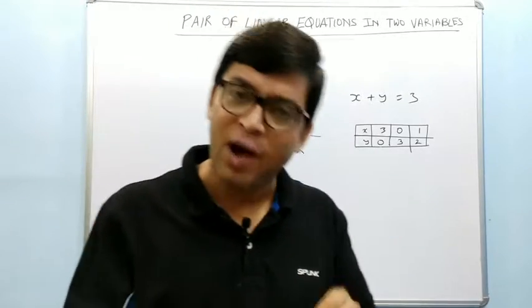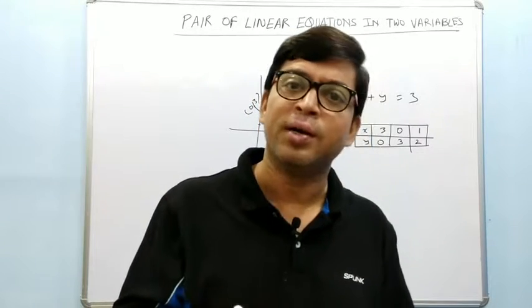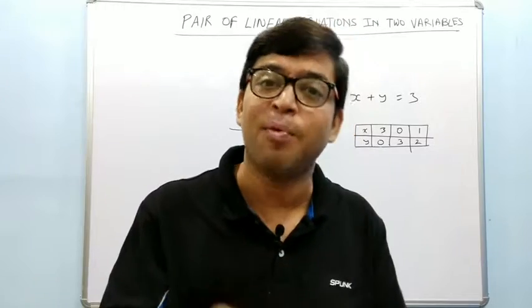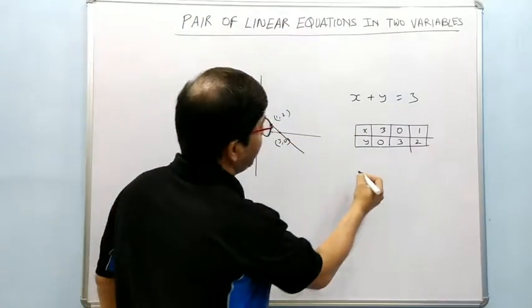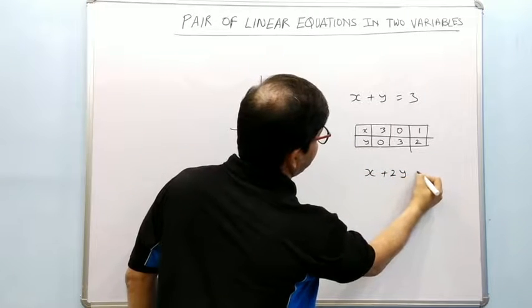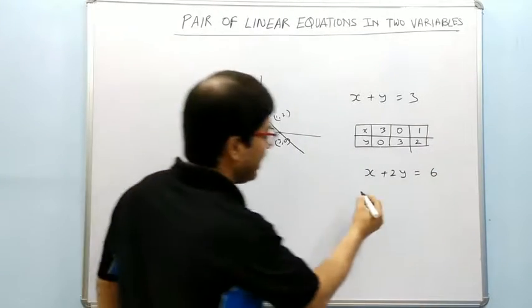We will be just finding the solution of two straight lines or two linear equations with the help of graph. Suppose this is one line and another line we write x plus 2y equal to 6. Just we will draw the graph of this line as well.